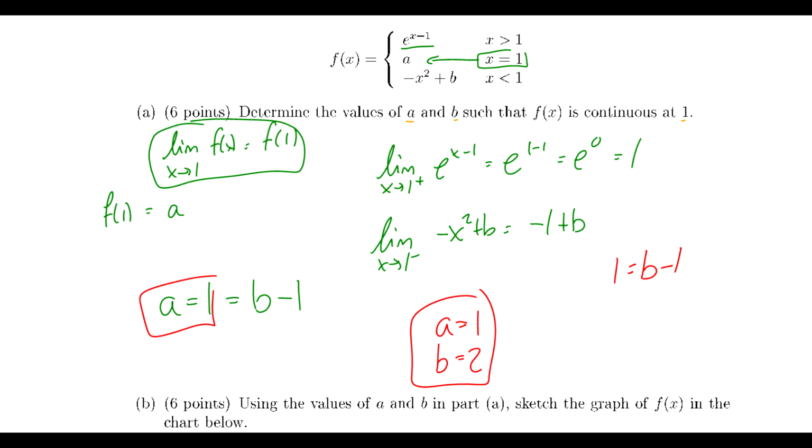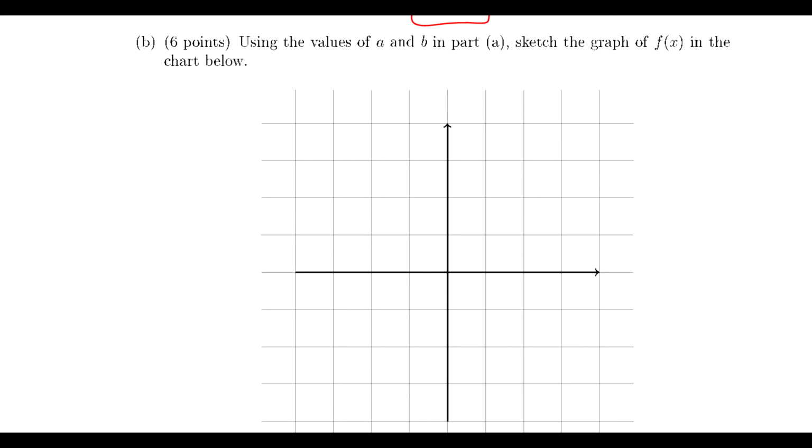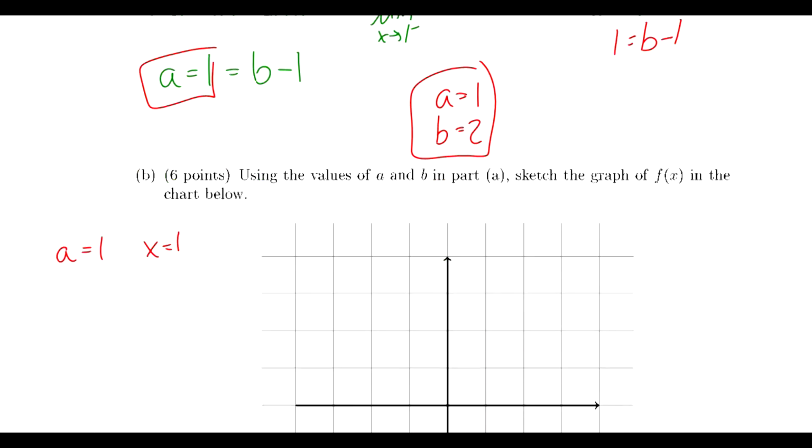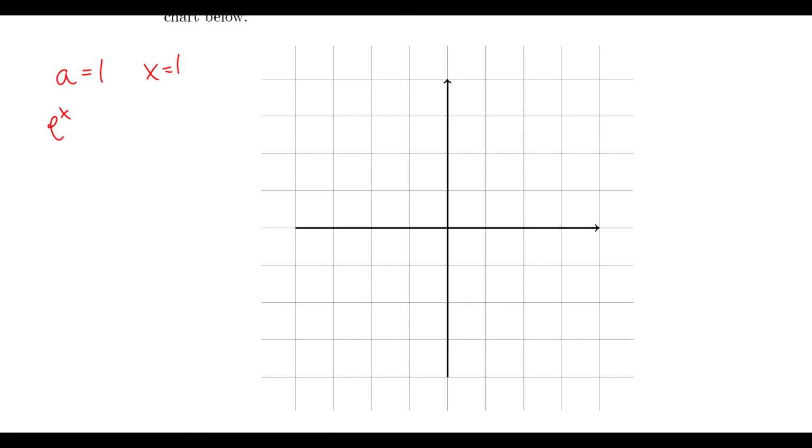So now what we have to do is sketch this bad boy, and I will remind you that a is equal to 1 when x is equal to 1. We have e to the x minus 1 if x is greater than 1, and we have negative x squared plus b when x is less than 1.